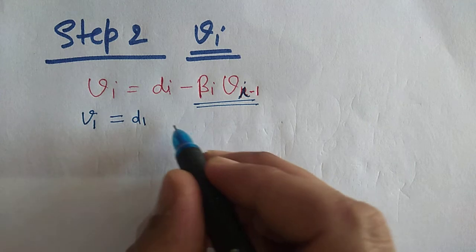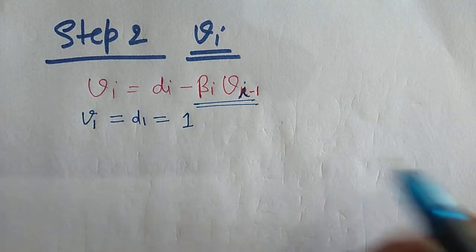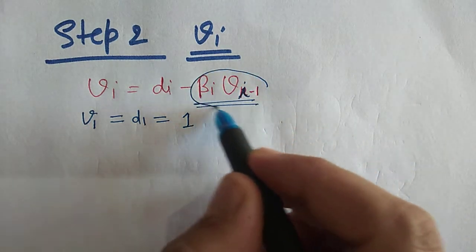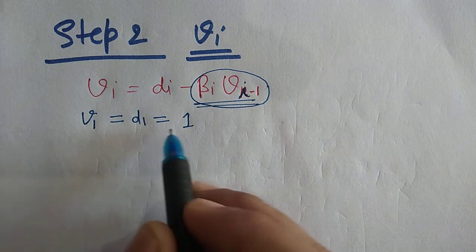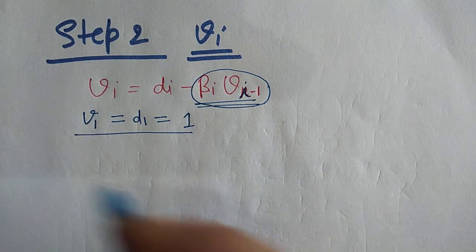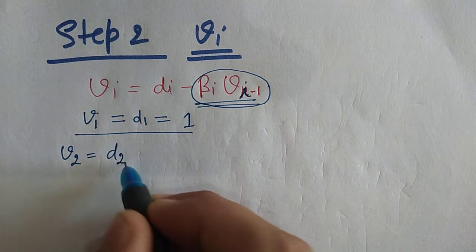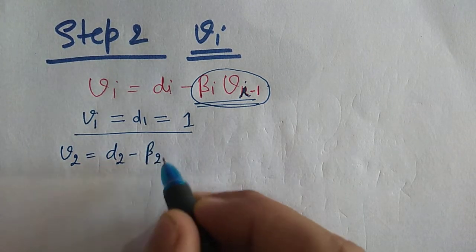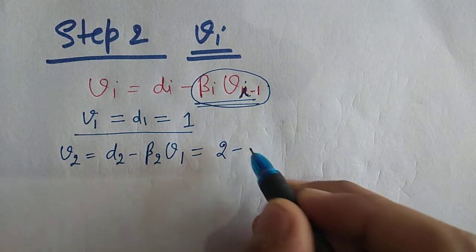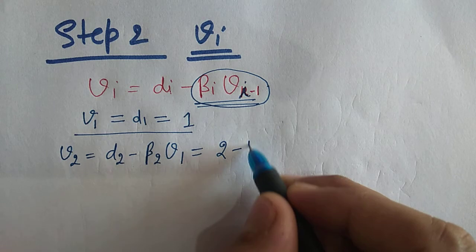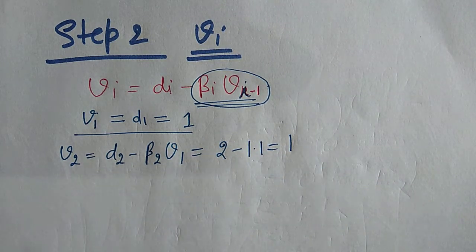So V1 equal to D1, that is 1. This term is not valid for i equal to 1 because we don't have V0. So V1 equal to D1 equal to 1. Let me calculate this V2. V2 is D2 minus beta 2 V1. So D2 equal to 2, minus beta 2 equal to 1 into V1 equal to 1, so 1. So V2 is 1.